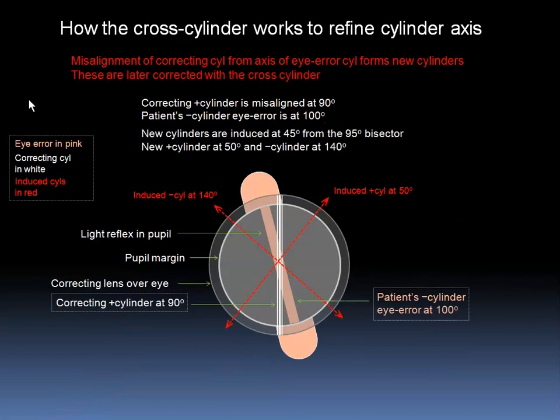The reason this works is because the misalignment of the correcting cylinder from the axis of the eye error cylinder forms new cylinders. These cylinders are later corrected with the cross cylinder.